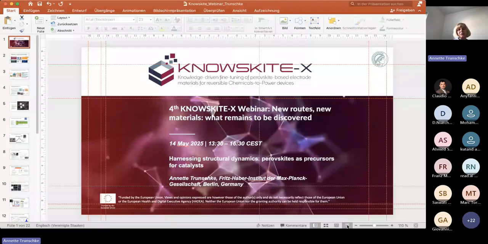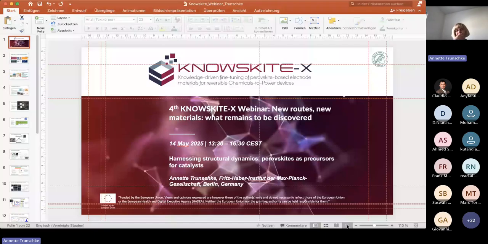But most of the other reactions are not applied because they have too low a resource efficiency, mainly due to insufficient selectivity to the desired product. The problem in selective oxidation is that you can easily burn the product completely to CO2, which you don't want. And there have been concepts proposed in the literature based on empirical work, but there is little fundamental understanding of how one can improve the selectivity.